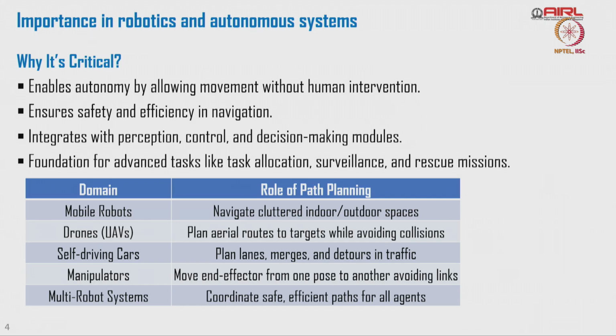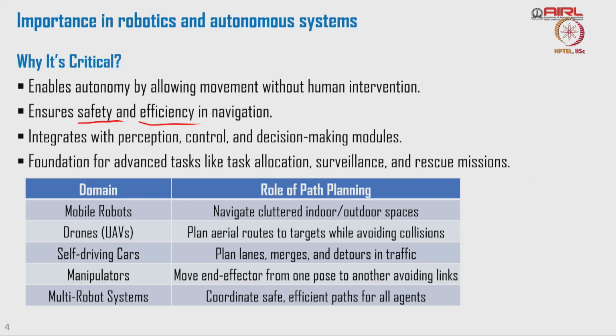It ensures safety and efficiency. Safety means it should avoid the obstacles and not collide with the obstacles in the environment or other aerial vehicles. At the same time, it integrates perception, control and decision making modules. Perception are the sensor modules which will sense the environment, and then based on that the control mechanisms will be designed and finally the decision will be taken.